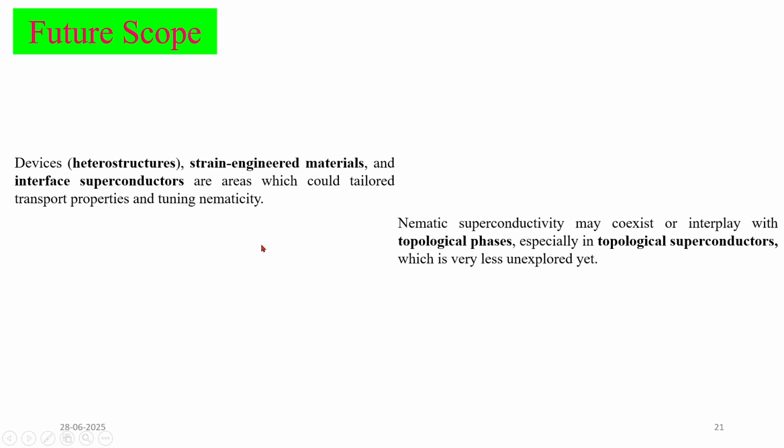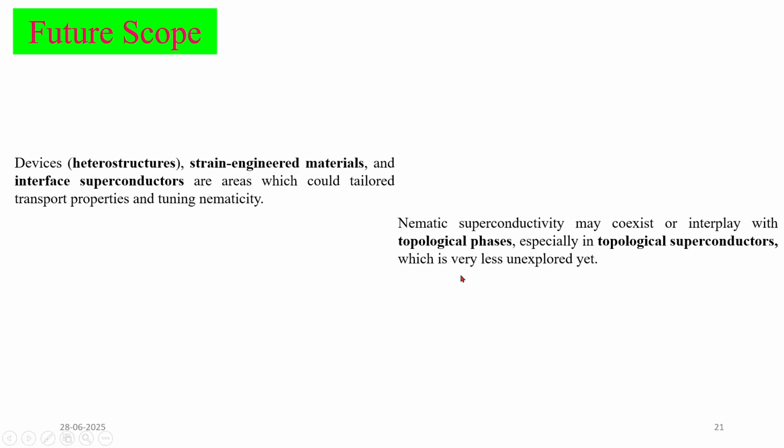Also with electric field and many other parameters, like magnetic field, and magnetostriction, it may be that the rotational symmetry is not always present, so that's why it also shows nematic superconductivity results.